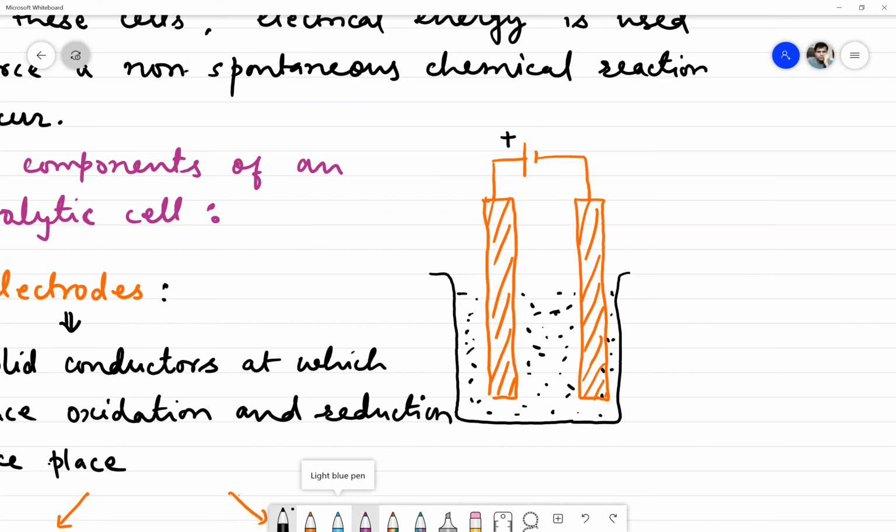So in this case, this is the anode, and it is a positive electrode. On the other hand, the cathode is connected to the negative terminal of the battery, so it is the negative electrode.